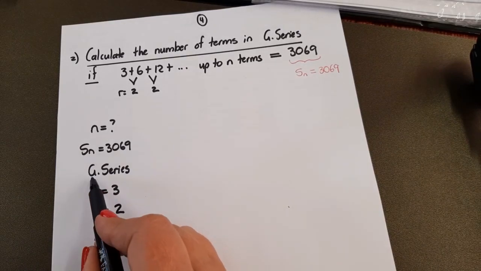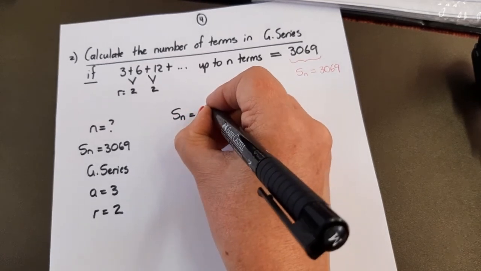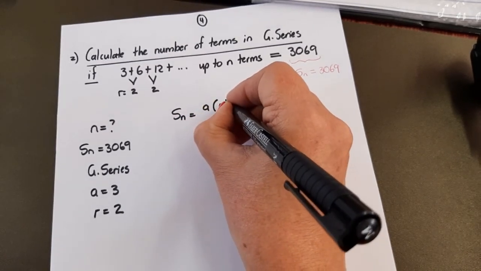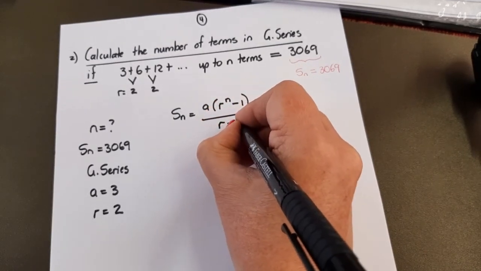The sum of a geometrical series formula is a times r to the power of n minus 1 over r minus 1.